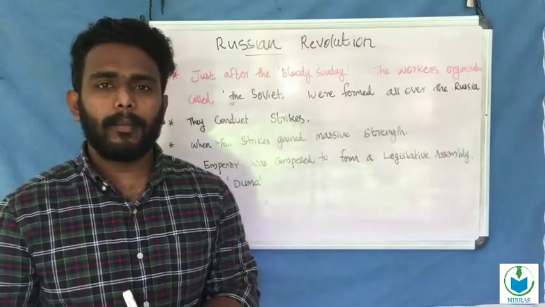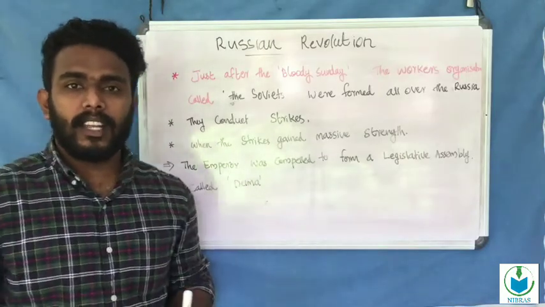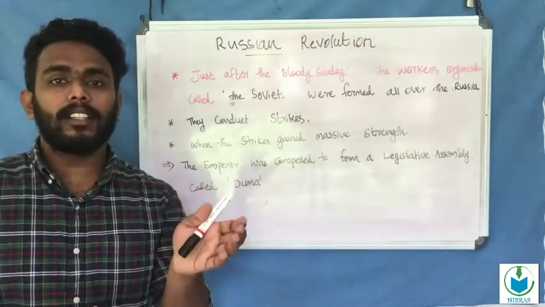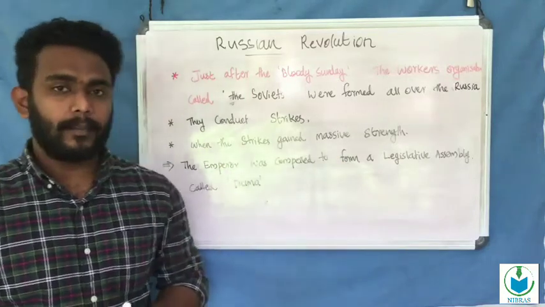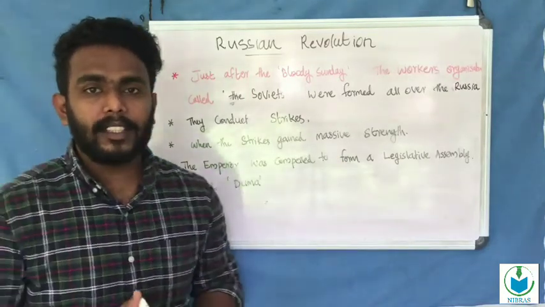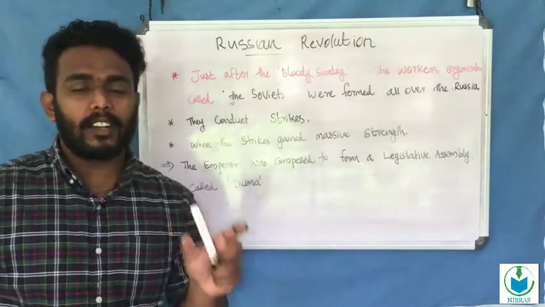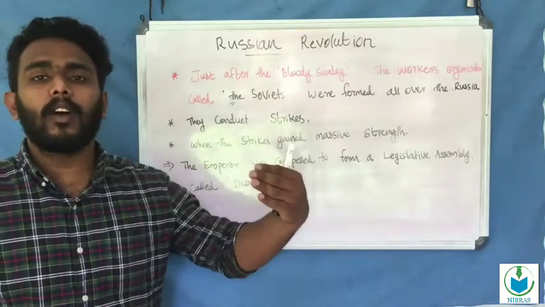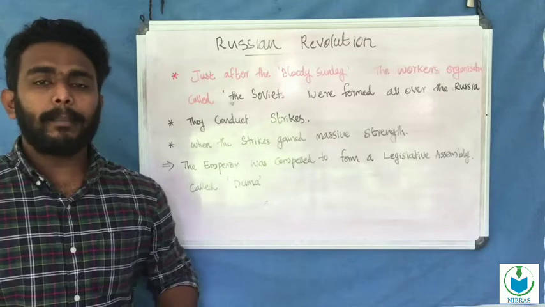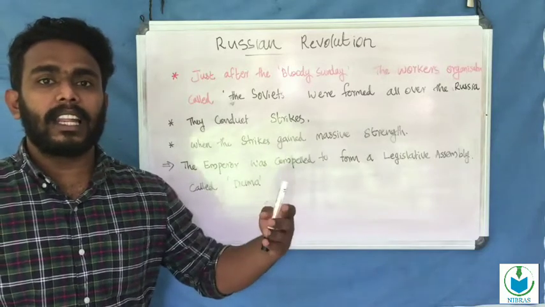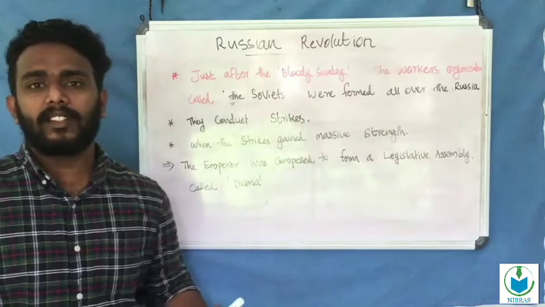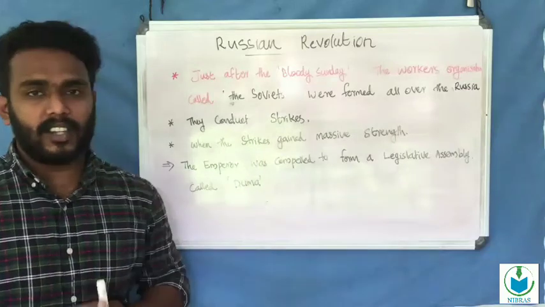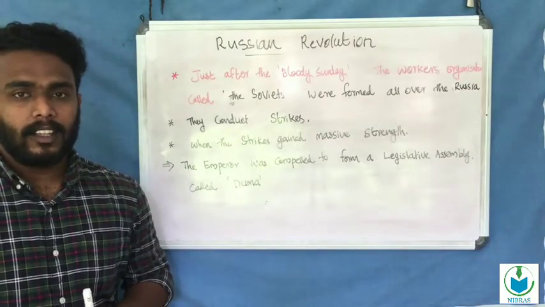Okay. After Bloody Sunday, the workers' organizations, named the Soviets, were formed all over Russia. The organizations began to conduct agitation against the rulers, with marches and strikes all over Russia.